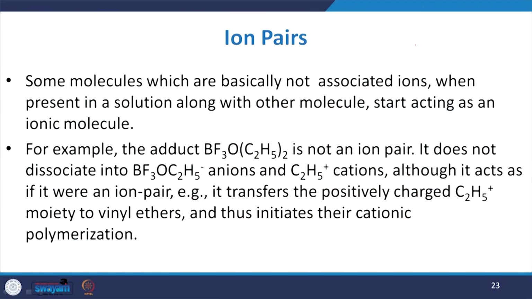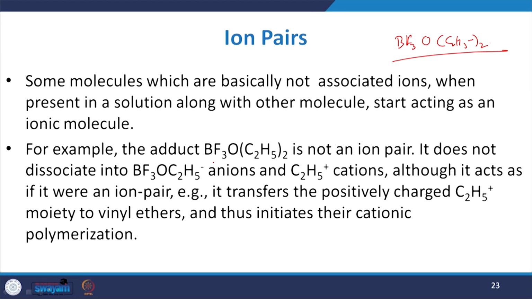Now let us talk about the ion pairs. Some molecules which are basically not associated ions, when present in a solution along with other molecules, start acting as an ionic molecule. Let us take the example of the adduct BF3OC2H5 2.